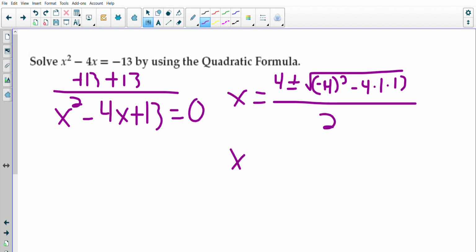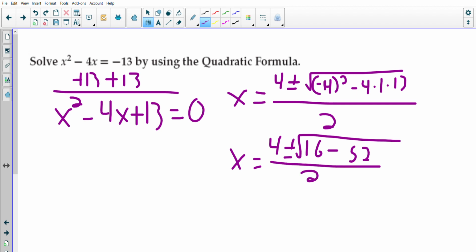So we have x is equal to 4 plus minus the square root of 16 minus 52, which is negative 36, all over 2.